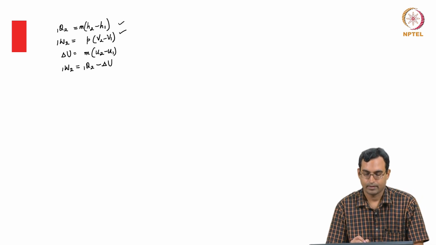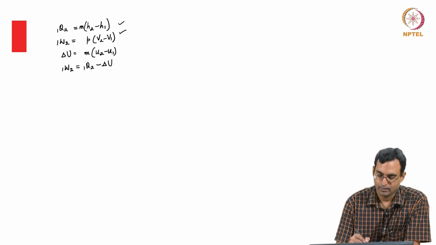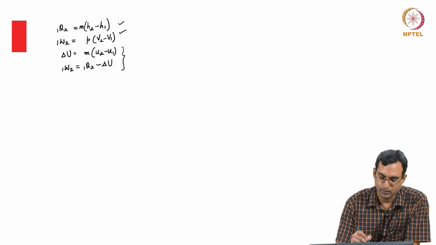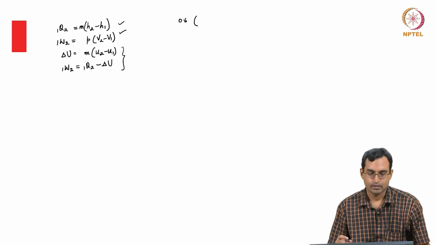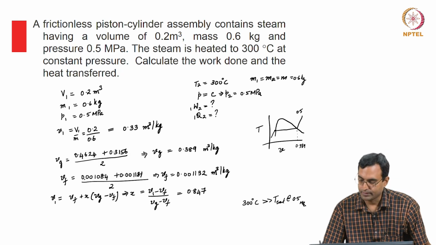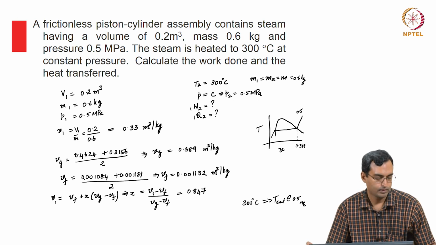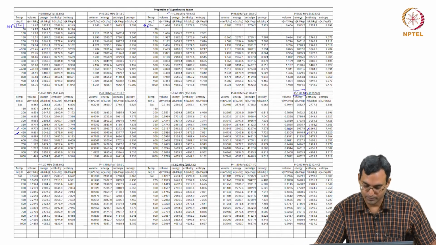I can find it out in any of these ways. What I will possibly do is stick to this. I know the mass, it is 0.6 kg. I need to find out enthalpy at 2. So, state 2 is 300 degrees centigrade and 0.5 megapascal. I am going to try to find that out from the tables.